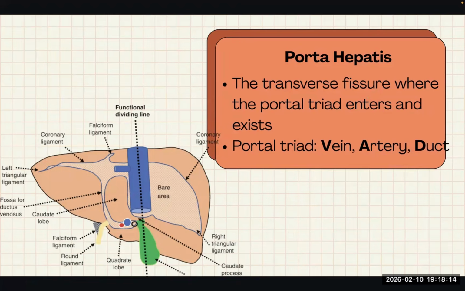Probably not, right? Which vein and artery sit in there? And which duct? Okay, so we have the portal vein, the hepatic artery, and the bile duct. And this is the little portal for you guys to remember it.